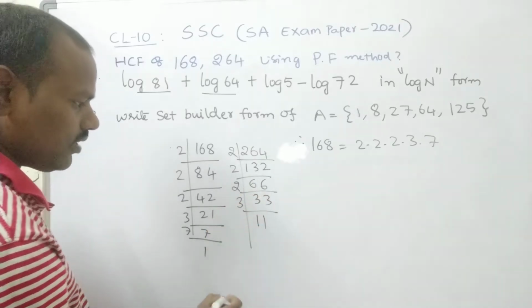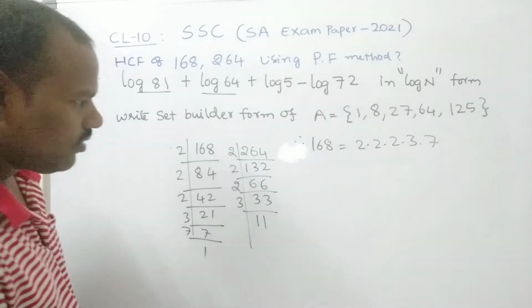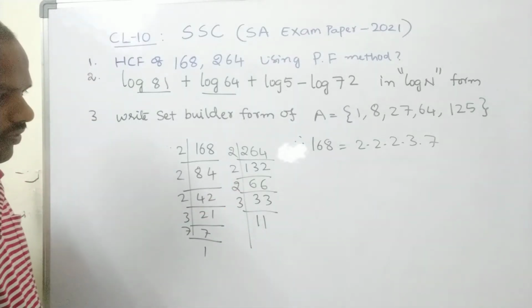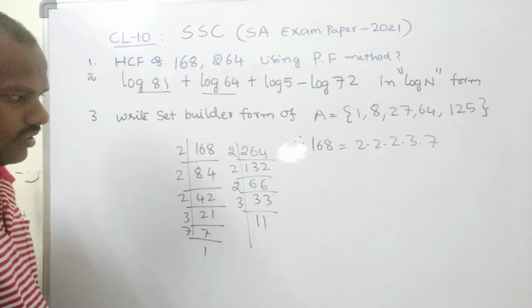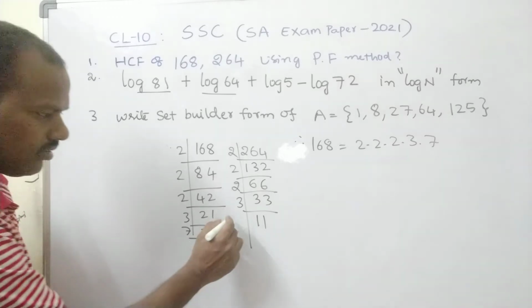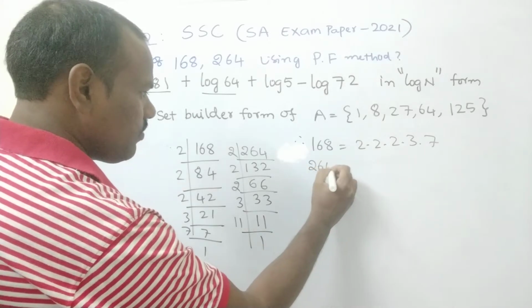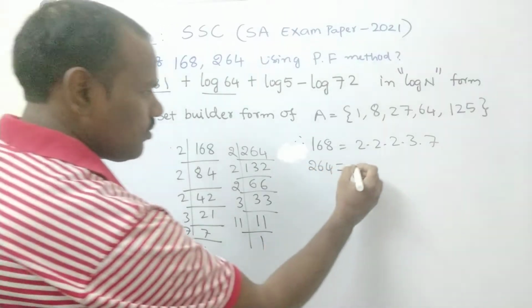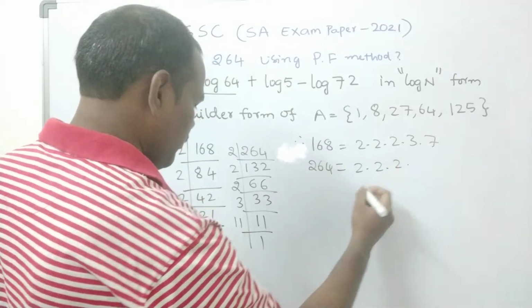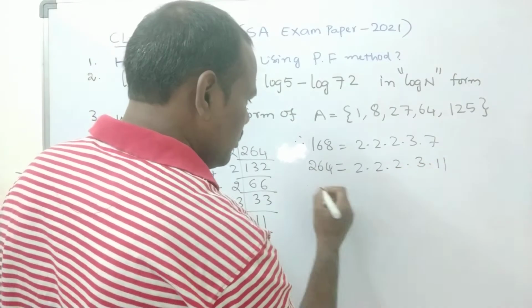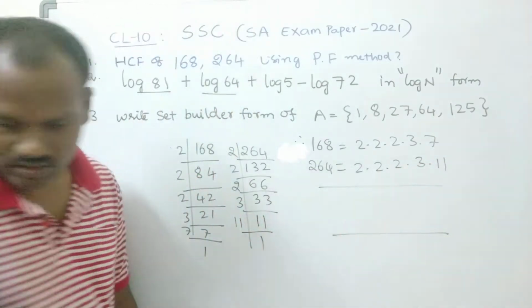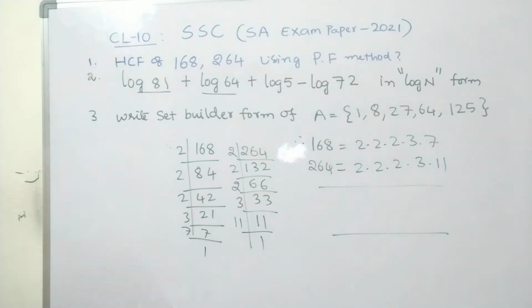Okay, 3 into 11 is 33. Other than this we won't get it. So now we need to write all the factors here. 11 1s are 11. So 264 we can write as 2 into 2 into 2 into 3 into 11.